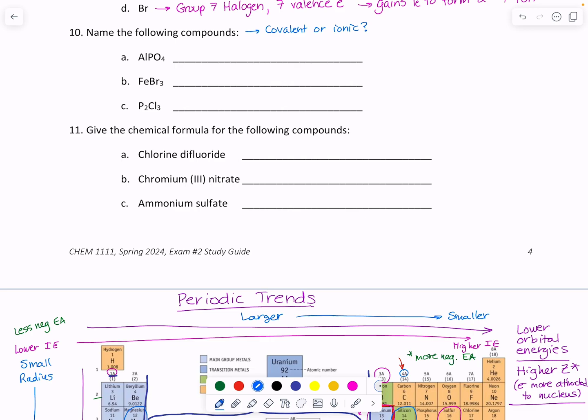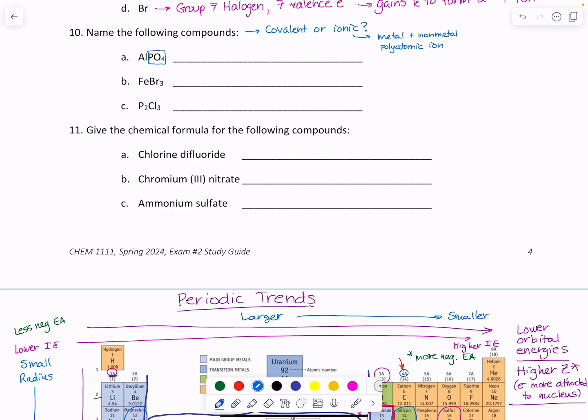Okay, all right, so the thing we're looking for in determining ionic is a metal and a nonmetal, or a polyatomic ion.